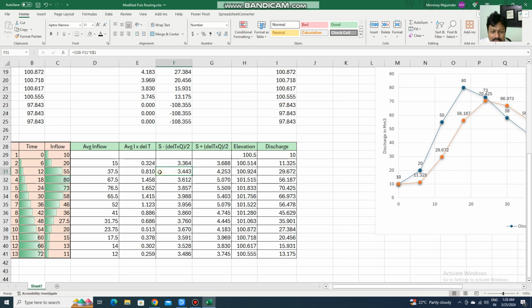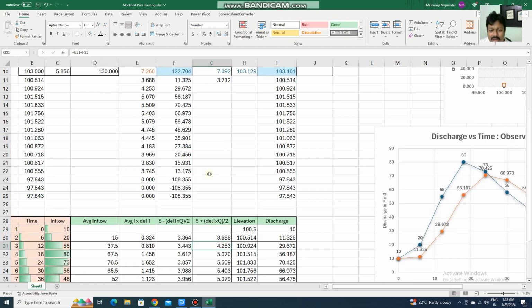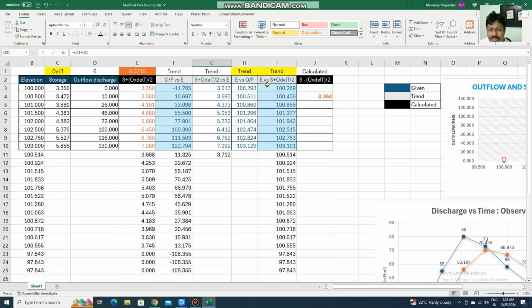And then you add this one and this one, you will get a new RHS. And you again put that new RHS into this trend function of elevation versus RHS, and you will find first a new elevation, then a new discharge, because elevation is again dependent upon the discharge.